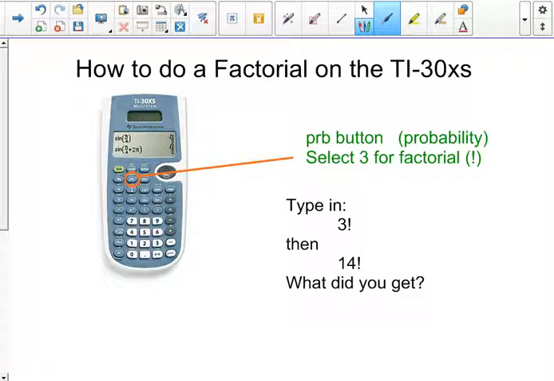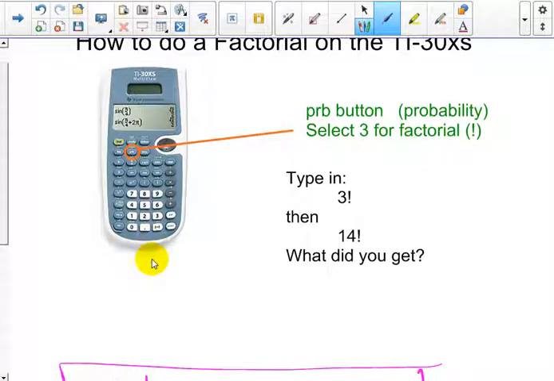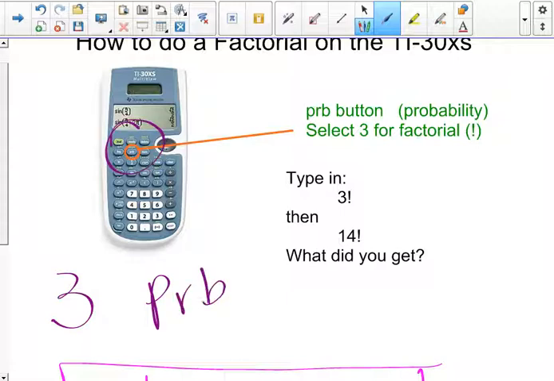And now this is how we do a factorial. I want you to type the number 3. We're going to do a 3 factorial. So type the number 3, and now hit your PRB button, second row, second button. Now notice choice 1 is nPr, choice 2 is nCr.